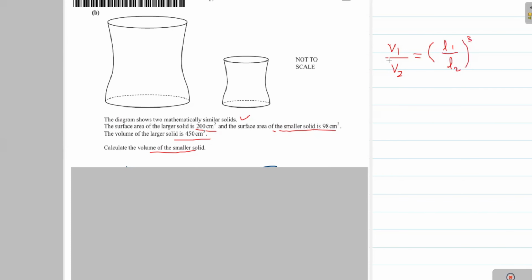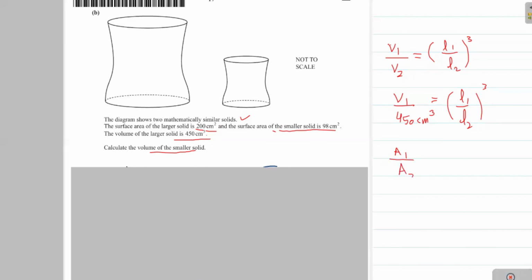The volume of the larger solid here is given as 450 cubic centimeter, and the lengths of the smaller and larger solid are not given here. If we calculate the lengths of the smaller and larger solid, we can calculate the volume of the solid. Look here, the areas of the larger solid and the smaller solid are given here.